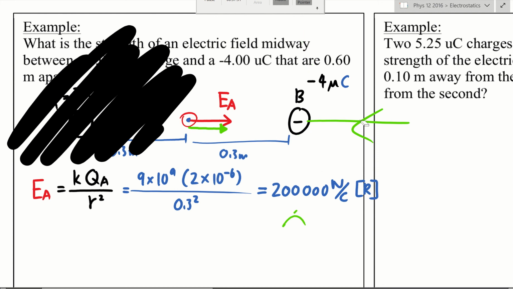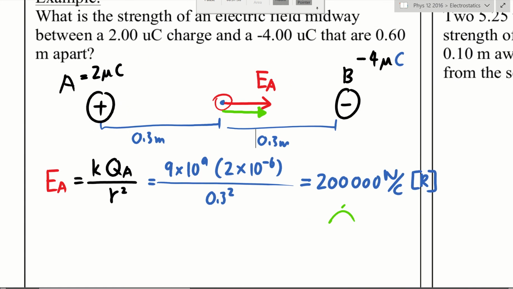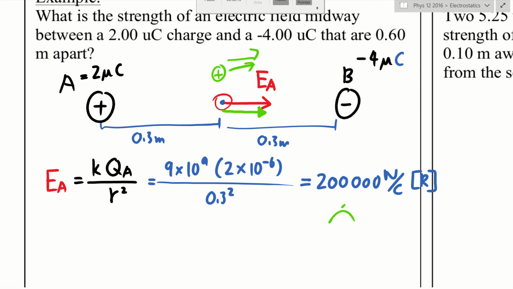You can almost think about it like this: imagine you have a positive charge in here. Doesn't it get pushed to the right by the positive charge, but at the same time attracted to the right by the negative charge? Doesn't it get pushed double that way? Because A would like to repel it, B would like to attract it. So together, it's still going to the right.